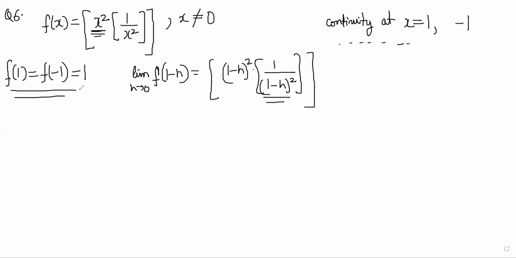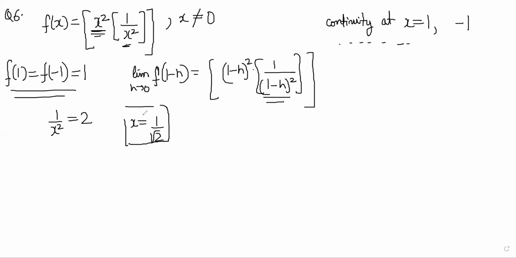Okay. Now, if you have to find other points of discontinuity, you have to check when both of these functions come near 1 or 2 or something, right? So when does 1 by x square become 2? That will happen near 1 by √2, right?